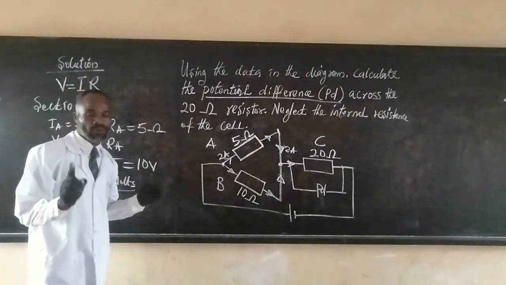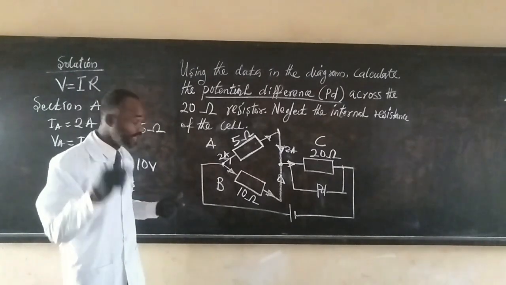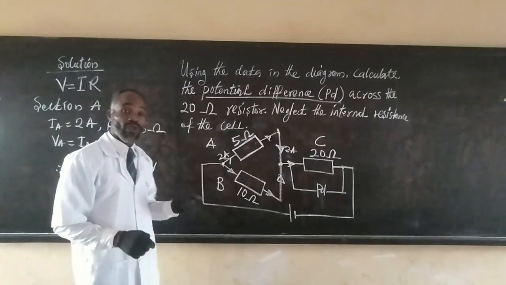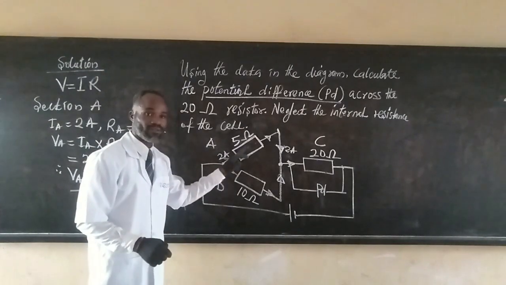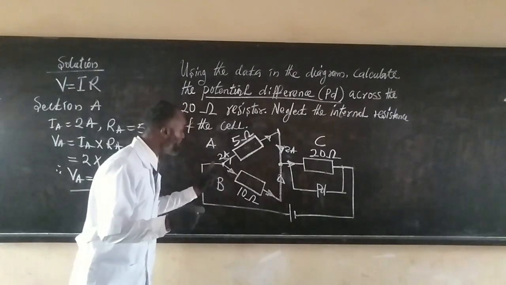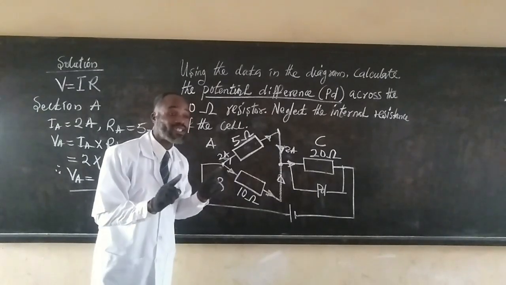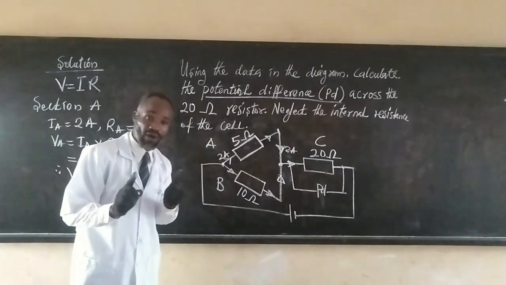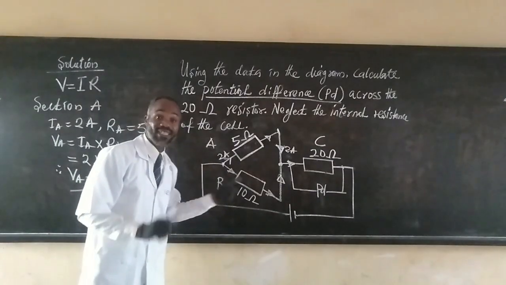Now, there is this rule that we must understand. She asked, what rule? I said, yes. That when you have 2 resistors connected in parallel, you must understand that the current flowing in the resistors in parallel is not the same, but the potential difference across them is the same.